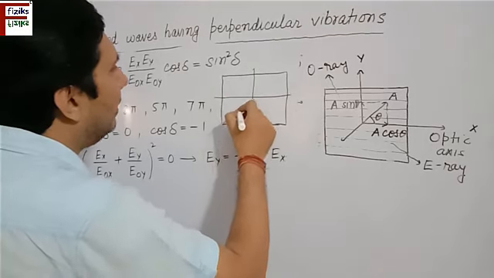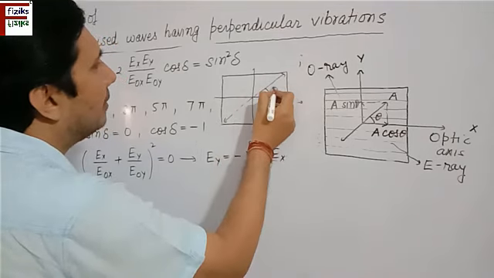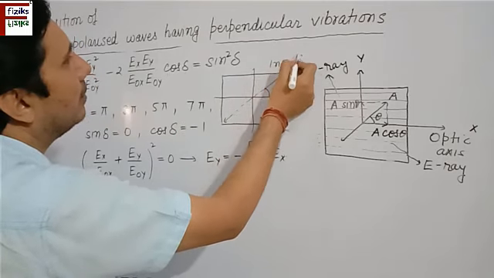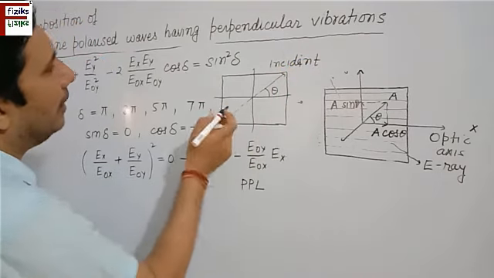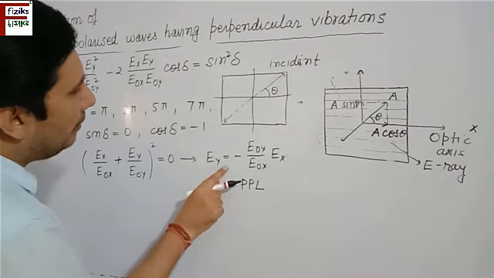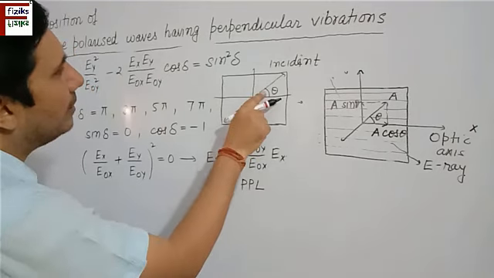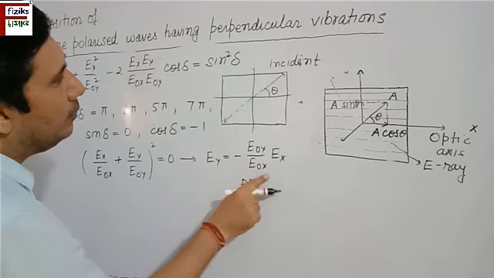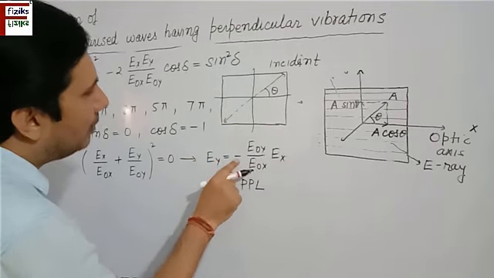If this is the incident vector making an angle theta, then this is the incident electric vibration, and Ey equals minus E naught y by E naught x. This was plus earlier, where tan theta was E naught y by E naught x, but here we have the slope with a minus sign.